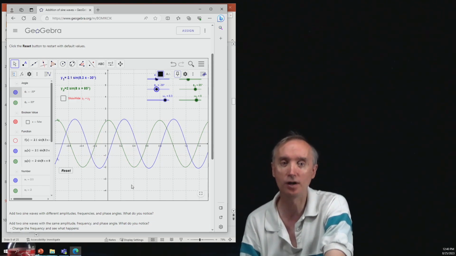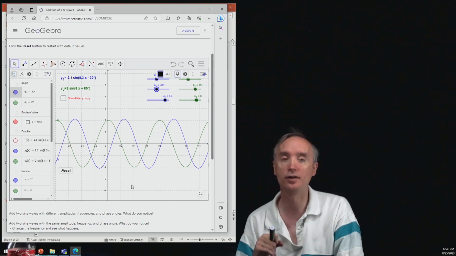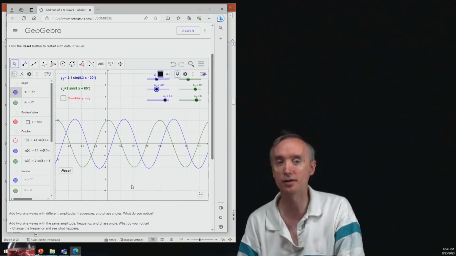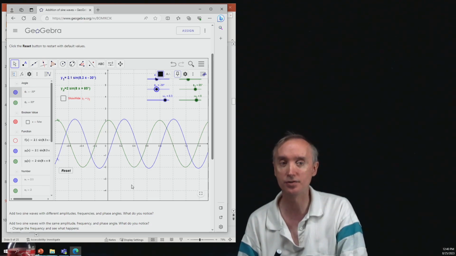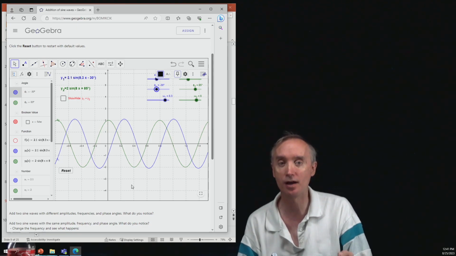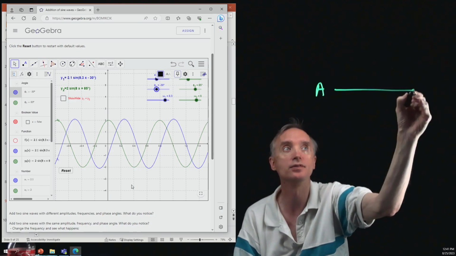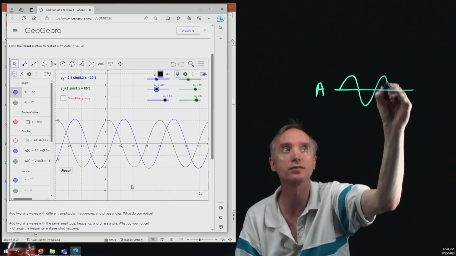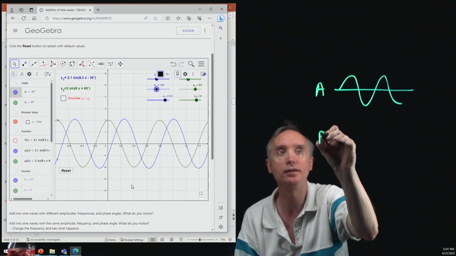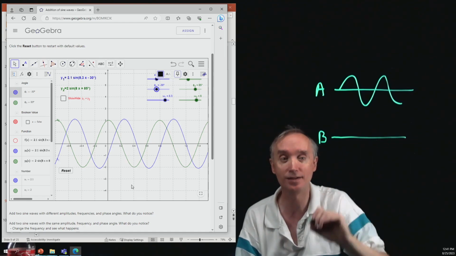Now there are two kinds of interference, constructive and destructive. So let's first do the constructive interference. Constructive interference occurs when one wave is at its maximum at the same time the other wave is at its maximum. So wave A is going to look something, let's say, like this, and then wave B is going to be identical to it.